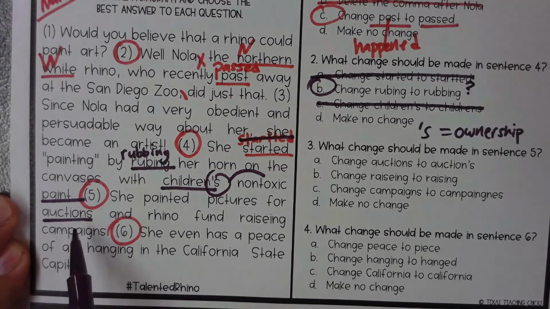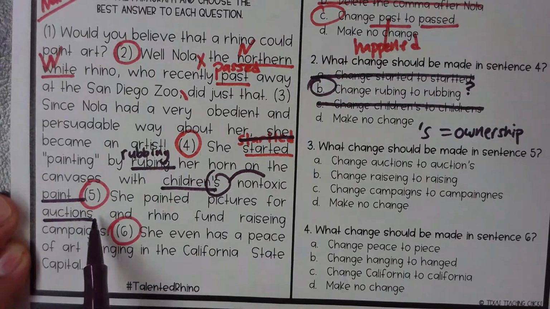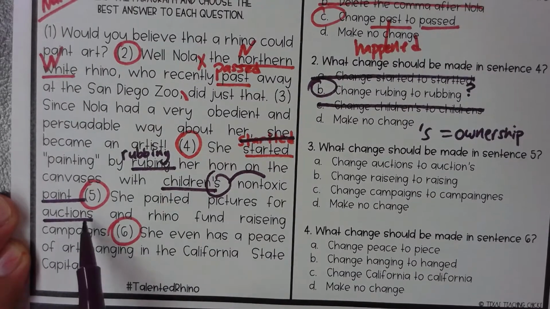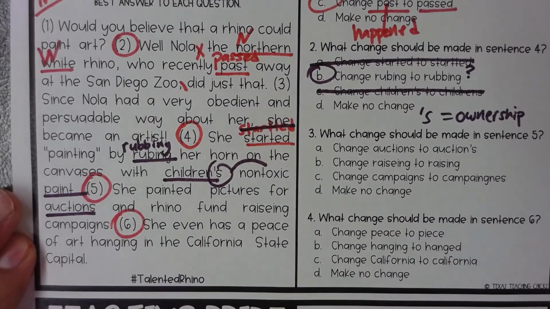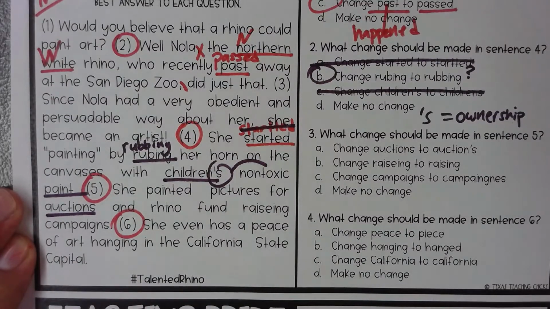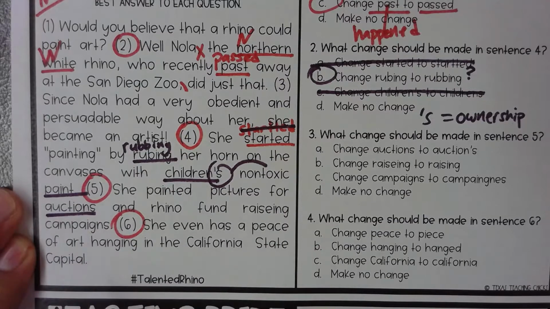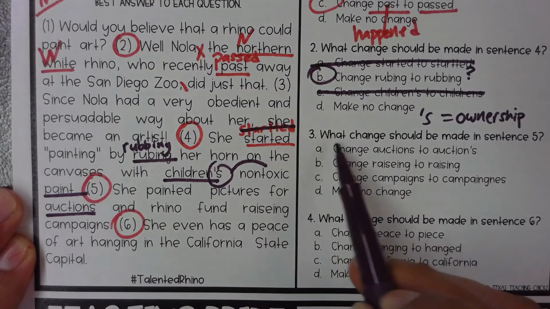But looking at this sentence right here, the word auctions is not followed after the owner. It doesn't say who the auction belongs to. So we don't need the apostrophe S. It doesn't say for Jonathan's auctions, so it's not going to be that one.